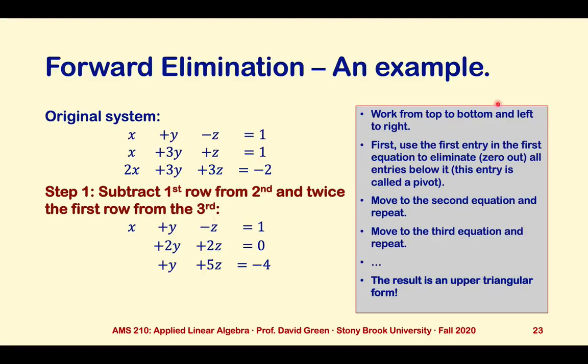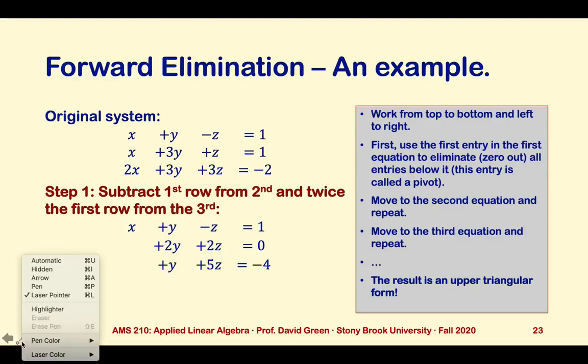In all of the slides moving forward, I'll leave the qualitative description of forward elimination here on the right, and we'll go through the work for the particular system on the left. The original system we have here, let's work through this process top to bottom, left to right.